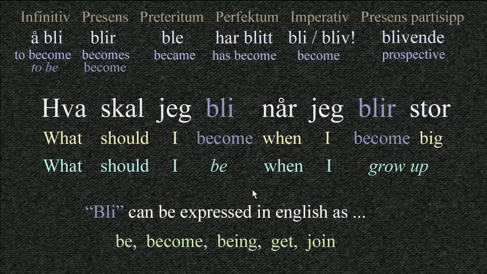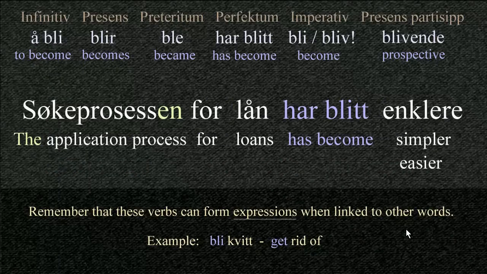In English, that's how you would express become sometimes in the context of this sentence. It's correct. But bli can mean many different English words depending on the context. They can be translated into all of these and maybe a few more. So all it is, it just takes time to observe how they're used.